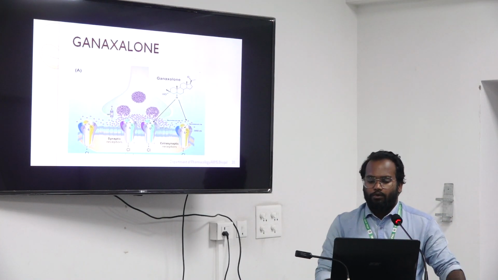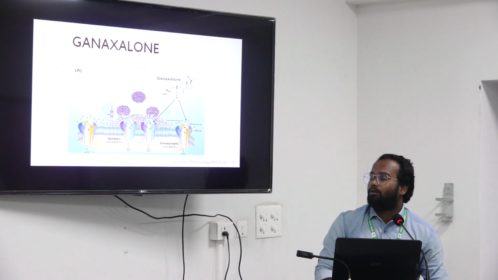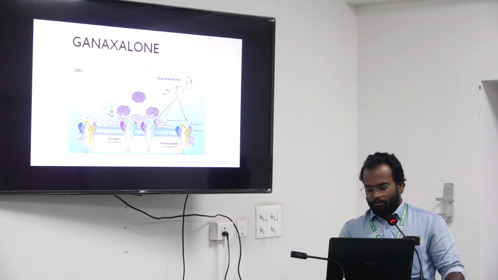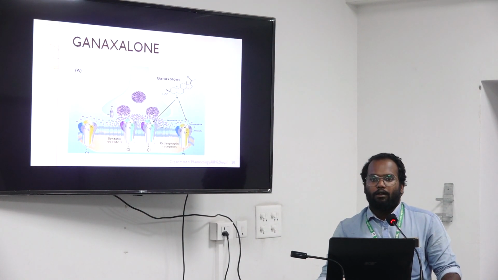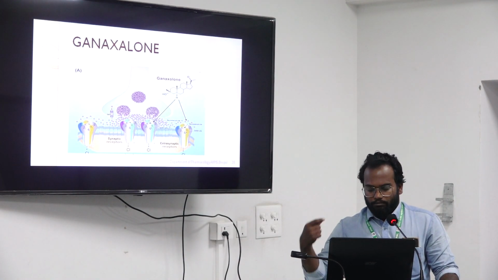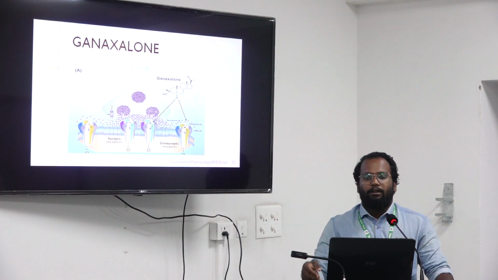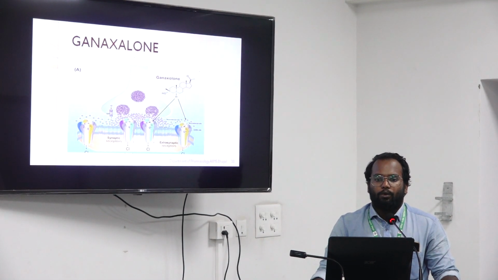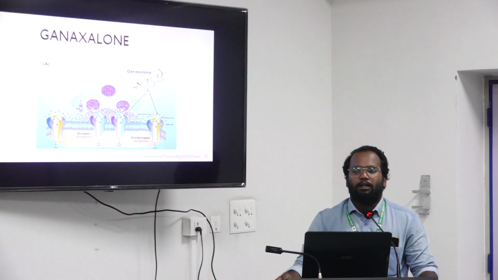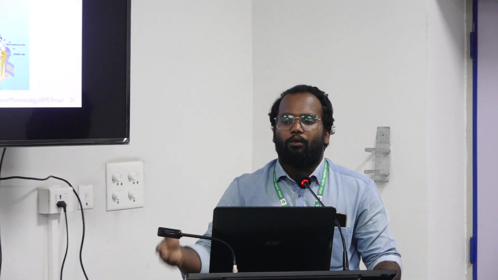Then there is a newer compound called ganaxolone. It comes under neurosteroids. Previously we had a neurosteroid called allopregnanolone. The problems with allopregnanolone are less bioavailability, shorter duration of action, and it has some metabolites like ketosteroids, which act on more receptors and cause more steroidal side effects to the patient.